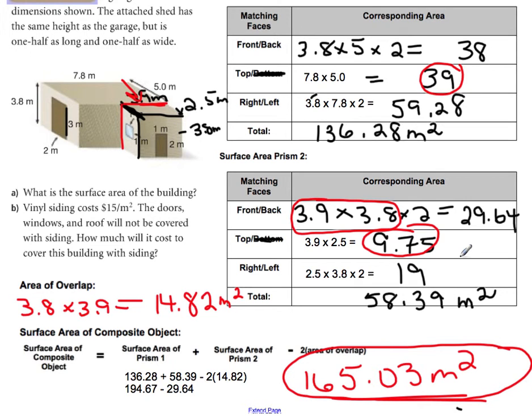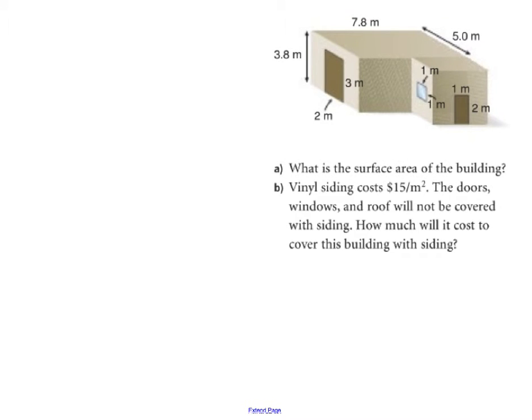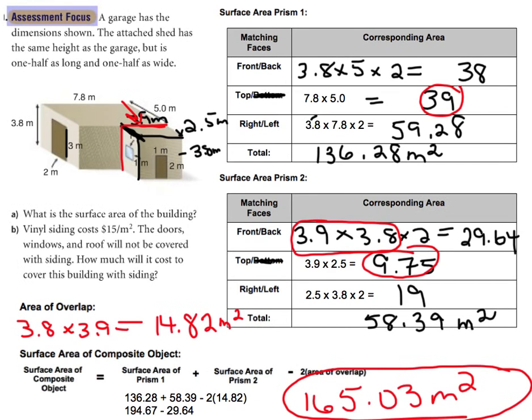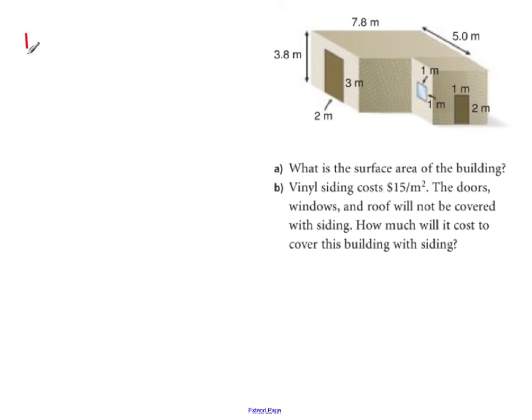Let's start with just the roof first. Let's see if I actually got that. Okay, I'm going to transfer some numbers over. So 165.03, we're going to subtract the roof first. We're going to subtract the window.